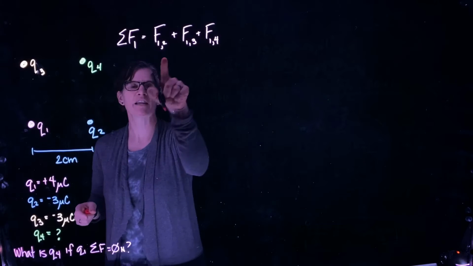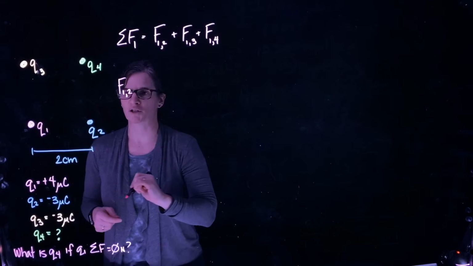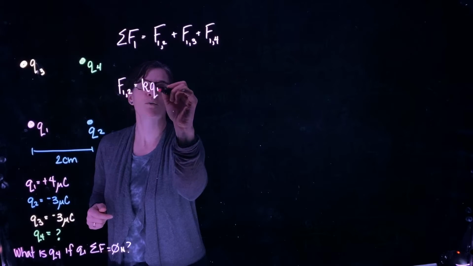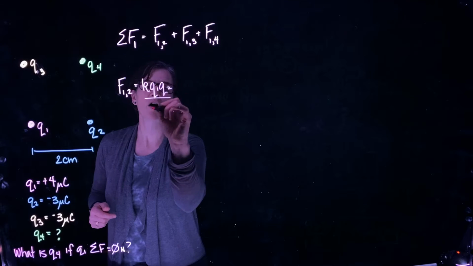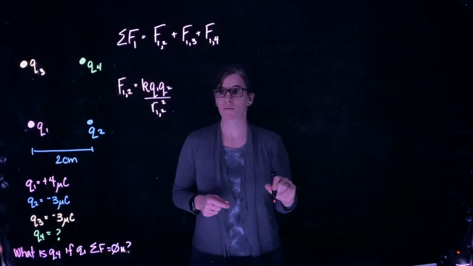So let's start with the interaction of force 1 by object 2. These are electrical forces, so this is our K, Q1, Q2, all over the radius between 1 and 2, quantity squared.